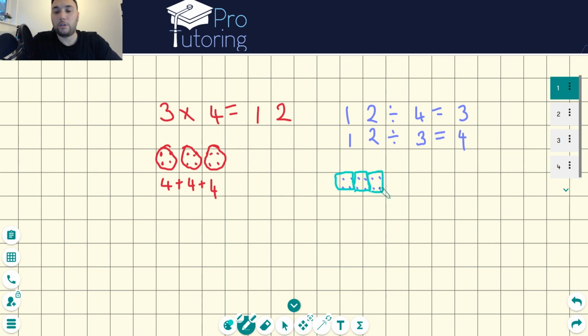So 12 divided into 3 groups will equal 4, or I could do 12 divided into 4 groups, and then this will look slightly different, will equal 3 in each.